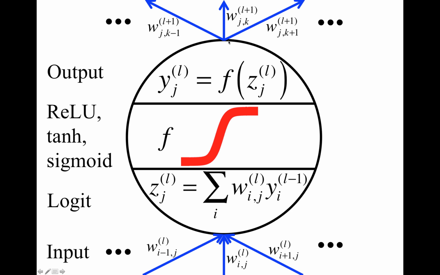If this connection goes into the neuron with layer index L+1 and subscript index k, then the connection right next to it, to the left of it, is going to have a second subscript k subtract 1, because it's going into neuron k subtract 1 in the L+1 layer. And this connection is going to have a second subscript k+1, because it is going into neuron k+1 in layer L+1.